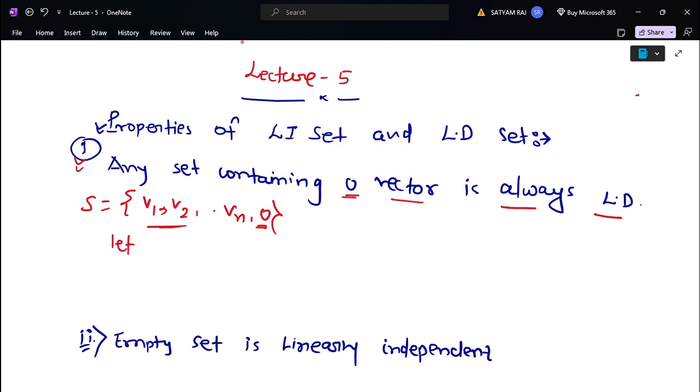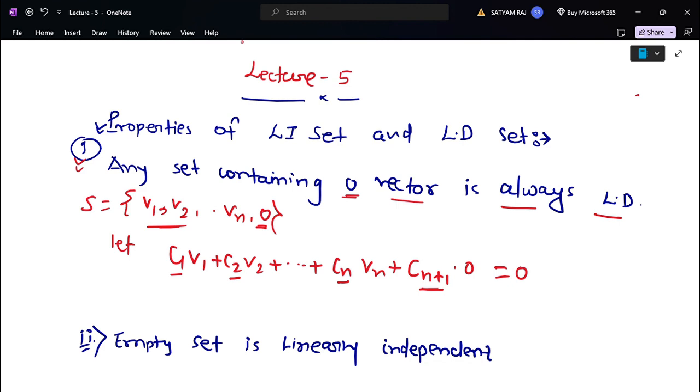Let c1 v1 plus c2 v2 plus ... plus cn vn plus c(n+1) times 0 equal to 0. It will be linearly dependent if at least one of c1, c2, ..., cn or c(n+1) is non-zero.